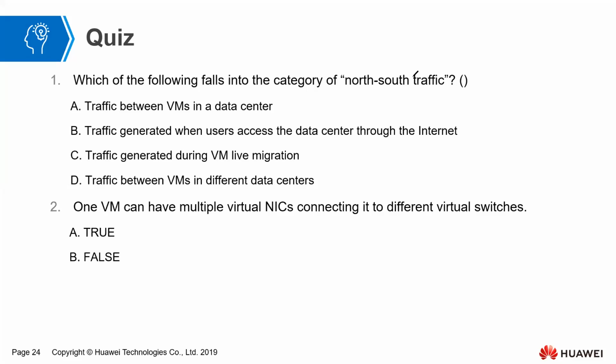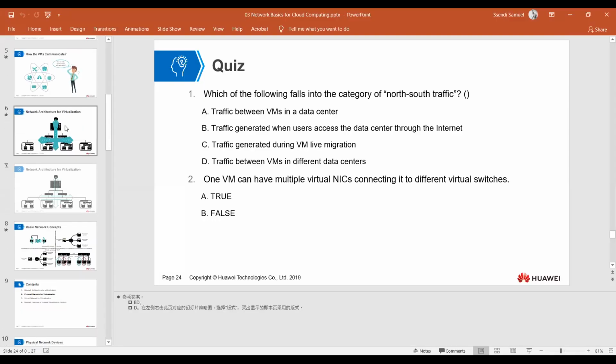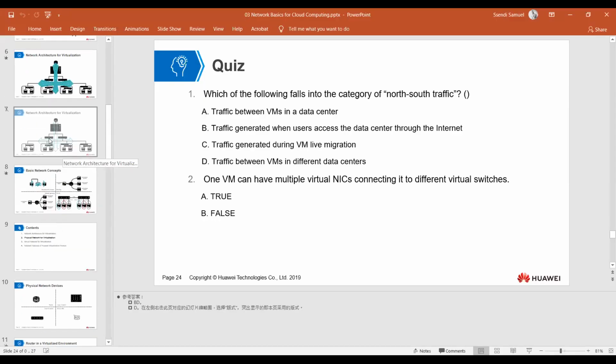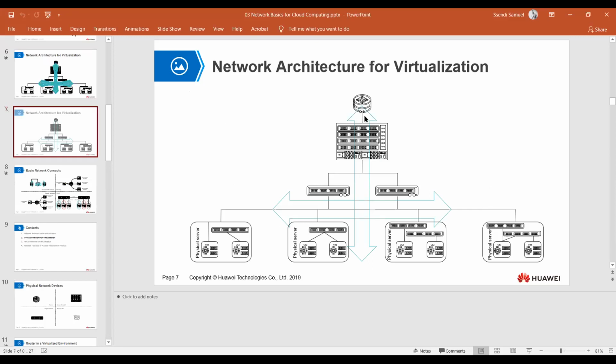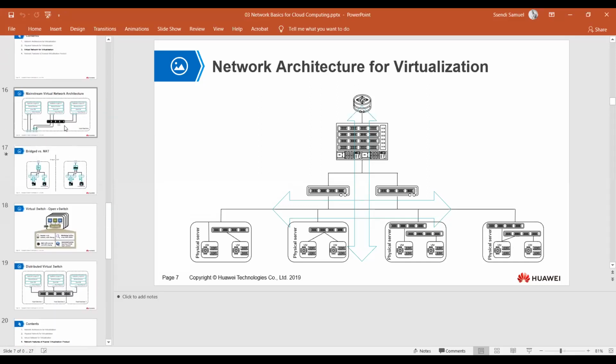As we saw earlier, in an illustration you showed us, virtual machines had multiple virtual NICs connecting to different virtual switches. We saw that we could have a virtual machine with different NICs connecting to virtual switches, isn't it?